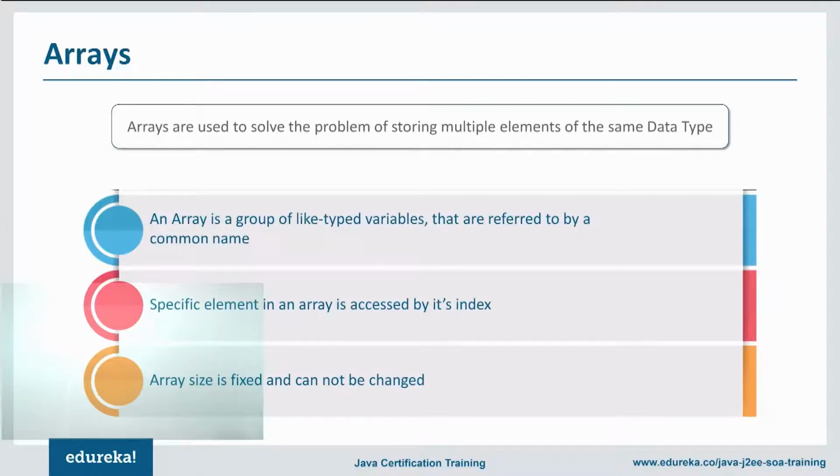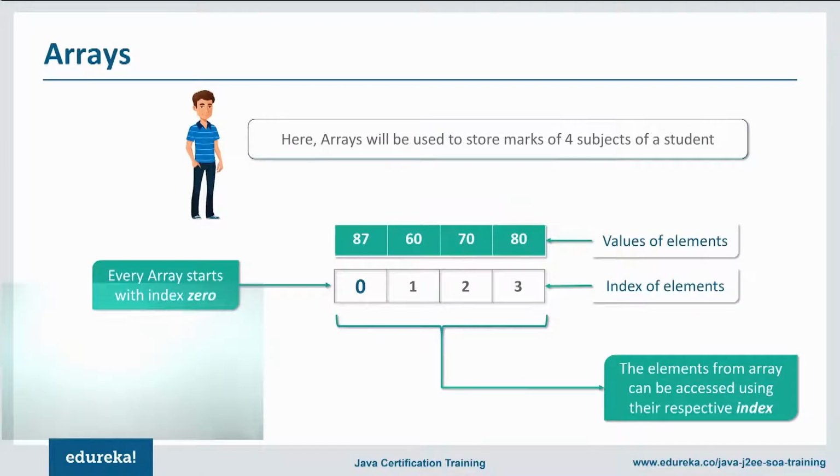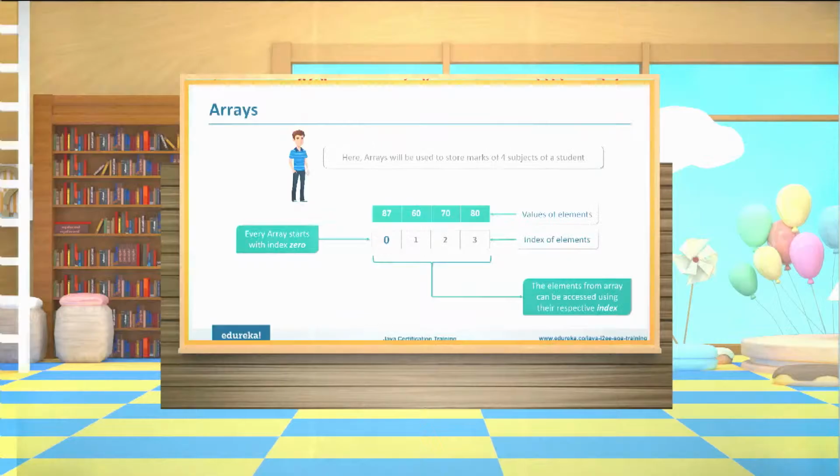Java, when you give the number of elements, 60, 70, and 80.